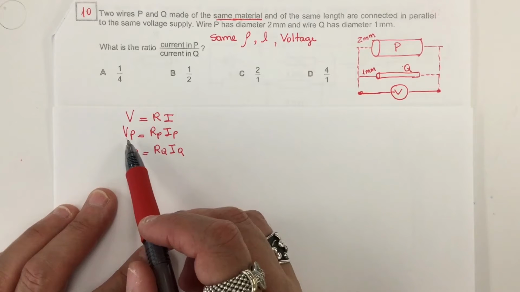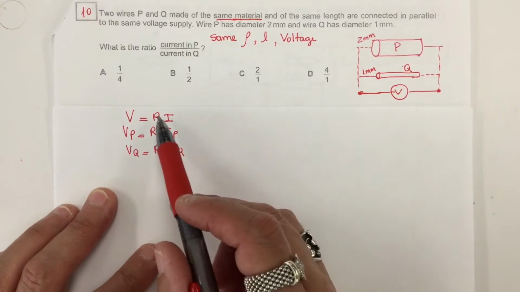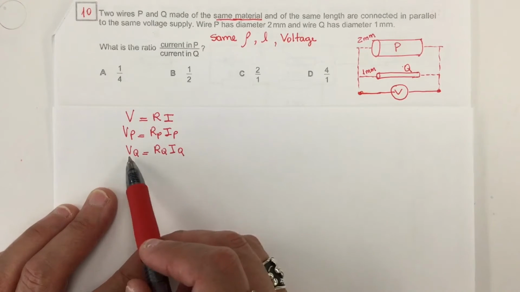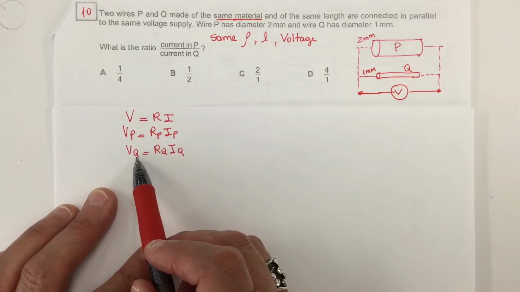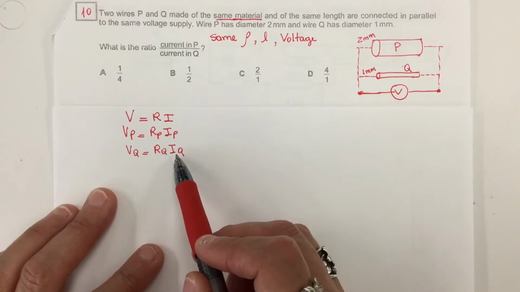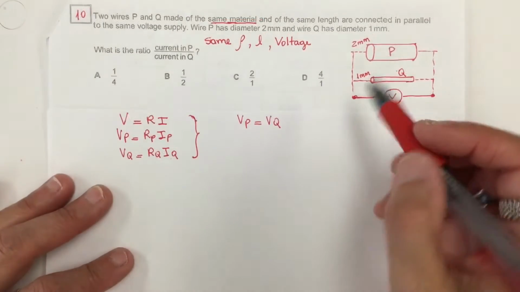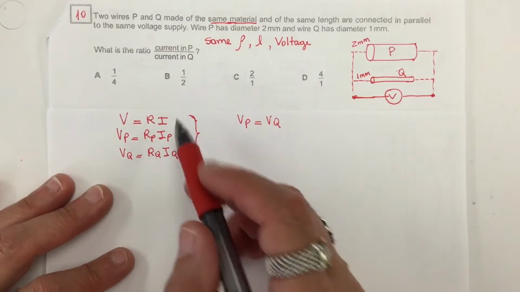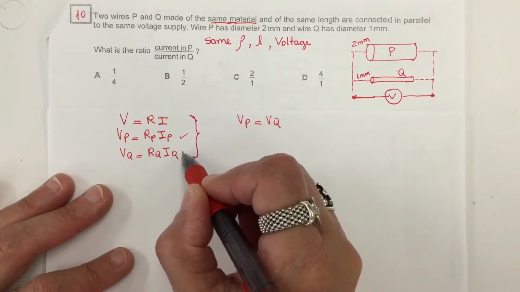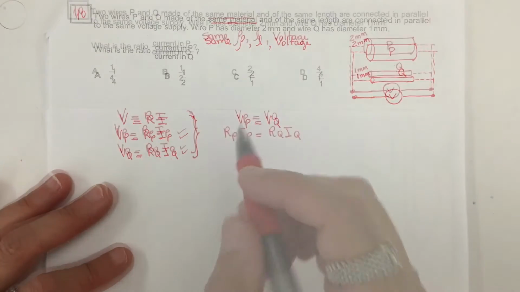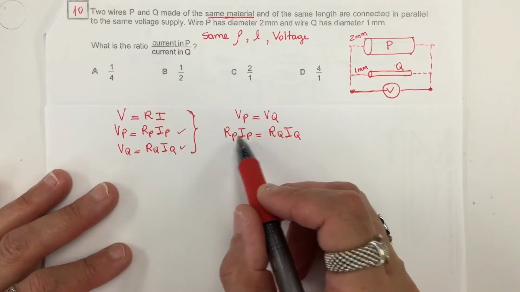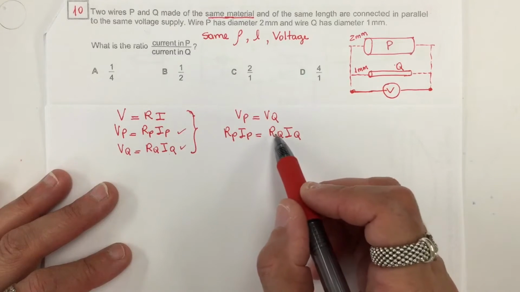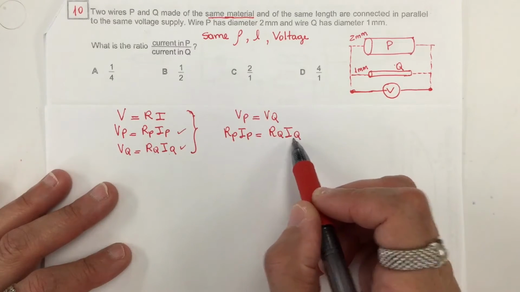So this is the voltage for P, RP, IP, and this is the voltage for Q, RQ, IQ. Since the voltage on both wires is the same, we can equate those two equations. So RP IP is equal to RQ IQ.